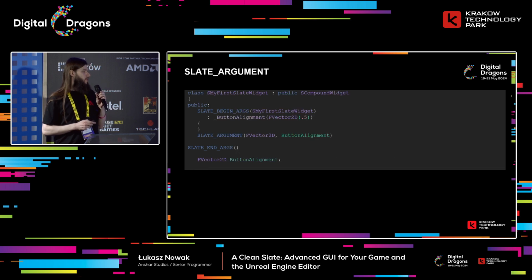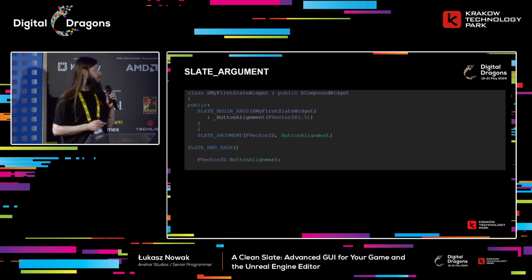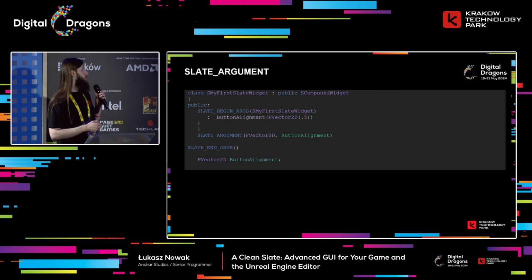So let's start from the simplest one, the Slate argument. Basically what it does, it takes our declared field. For example, here I want to control the button alignment on the screen. So I created a vector 2D called button alignment, and then I declared a Slate argument of type vector 2D with the same name.